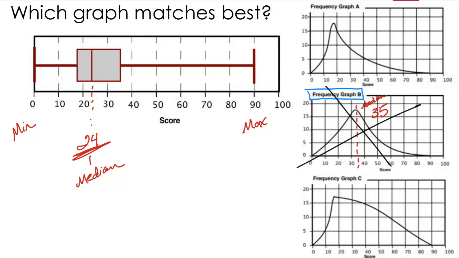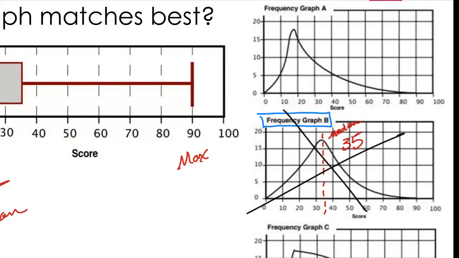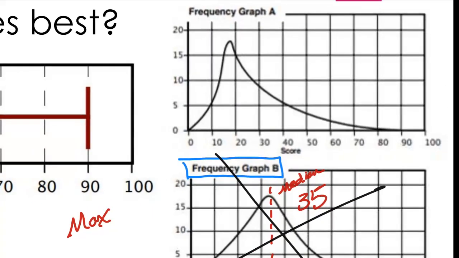Okay. Look at these other two. Let's look at this one. Where do you find about half the data to the right and half the data to the left?